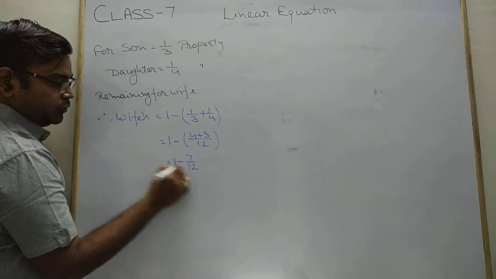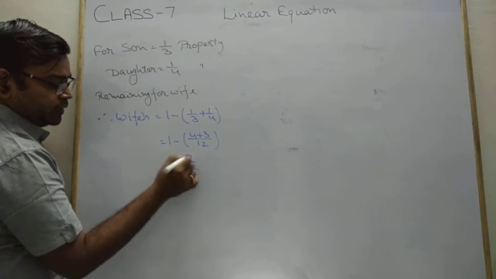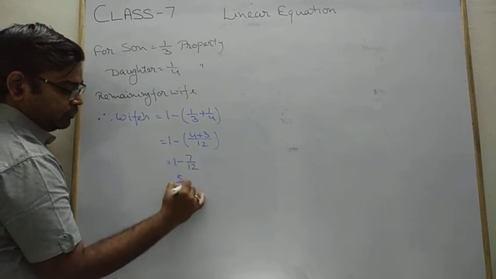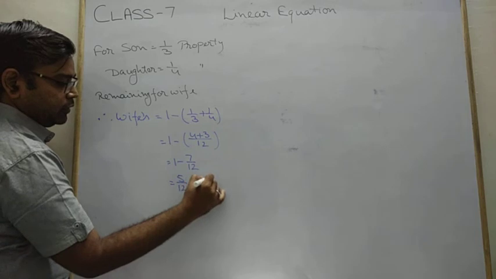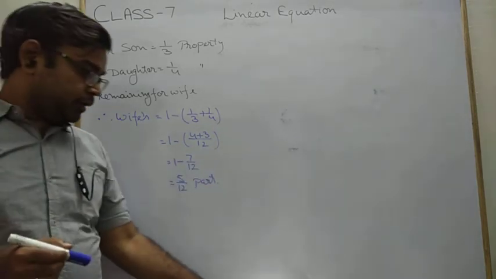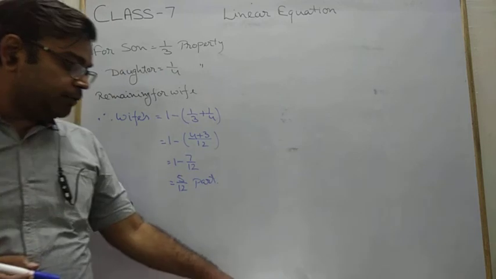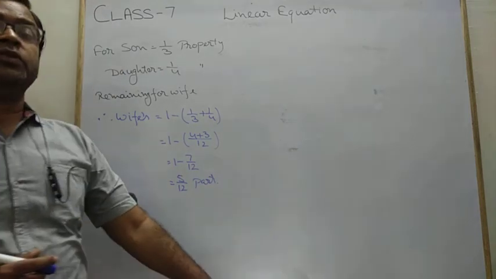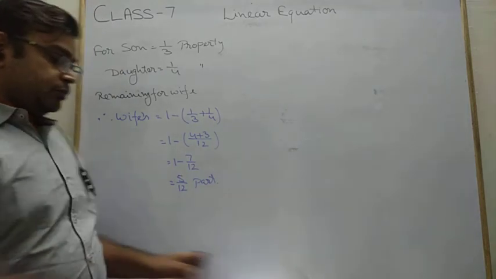It's 12 into 1, 12, 12 minus 7, 5. 5 upon 12 part is left for his wife. Then it says that if the wife's share in the property was worth rupees 10 lakh, this is also given.